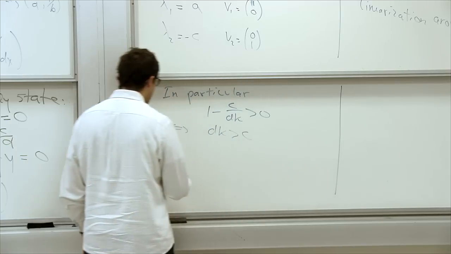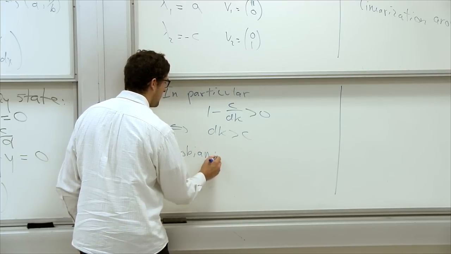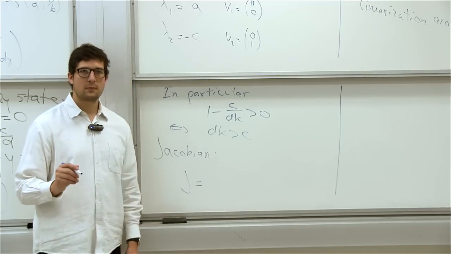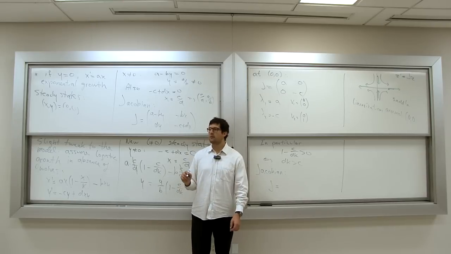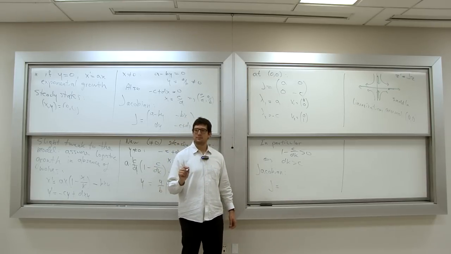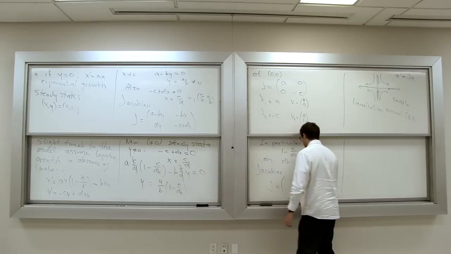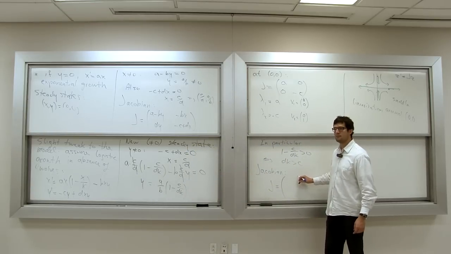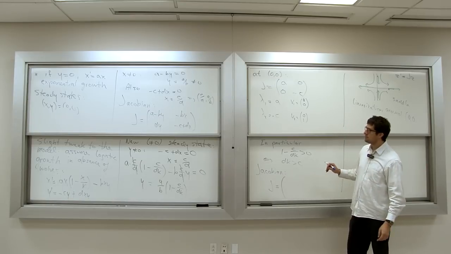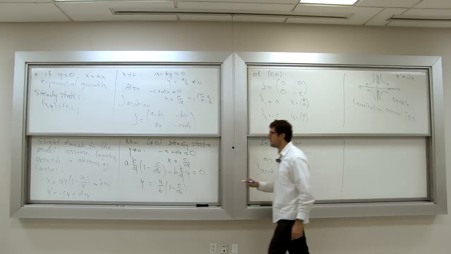All right, now let's find the Jacobian of the new system. Who wants to try? Maybe Daniel? Well, you know what?